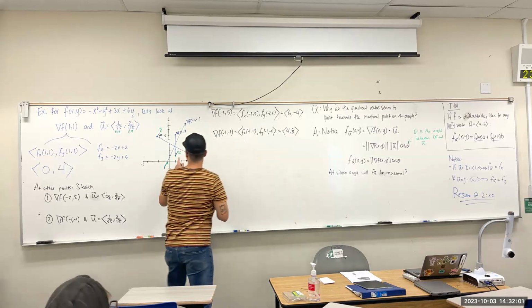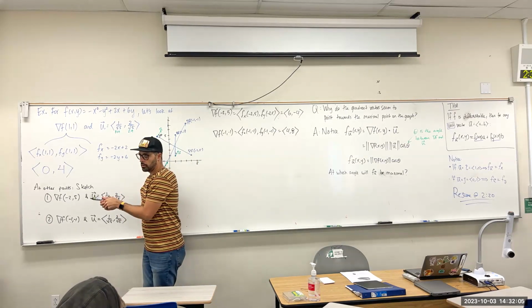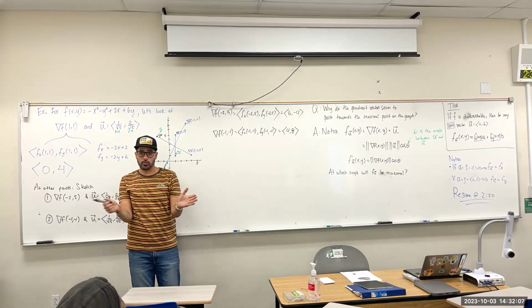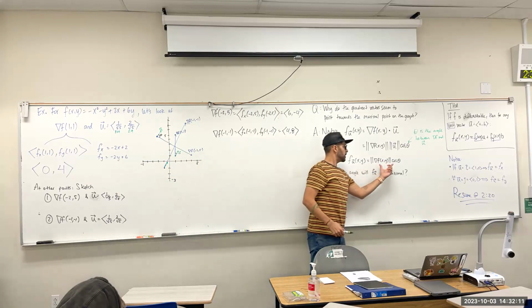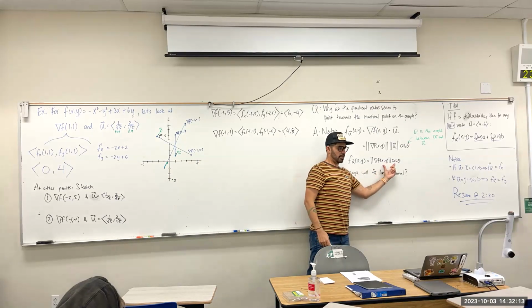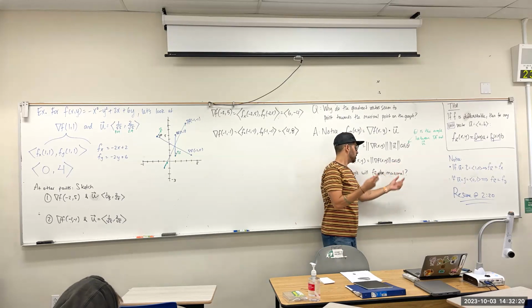What can change is my vector u, depending on how I rotate it, so the angle between them can change. So when will this be the biggest? At theta being 0, because cosine of 0 is 1.